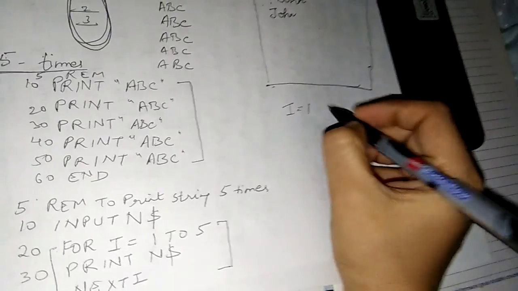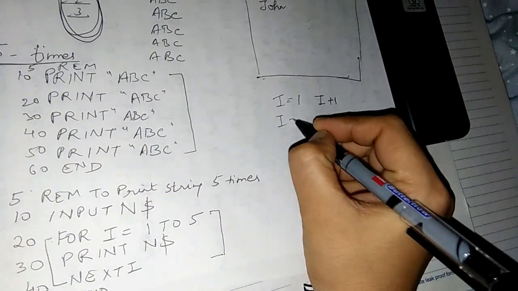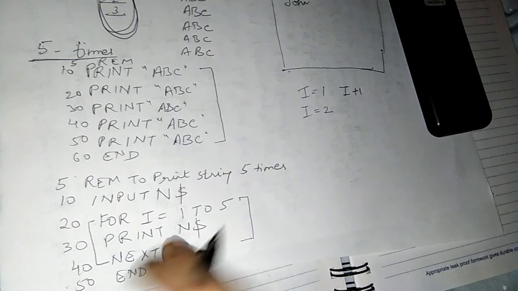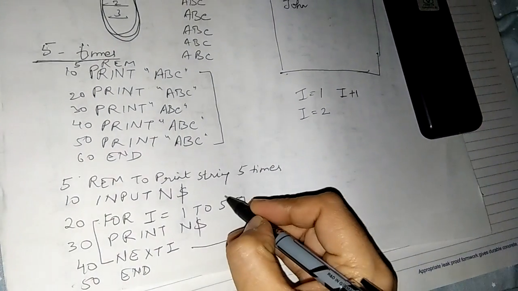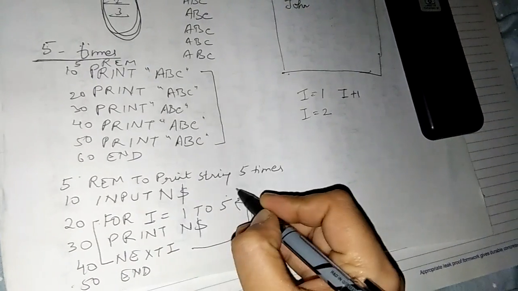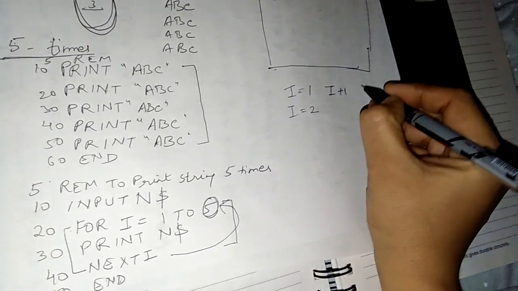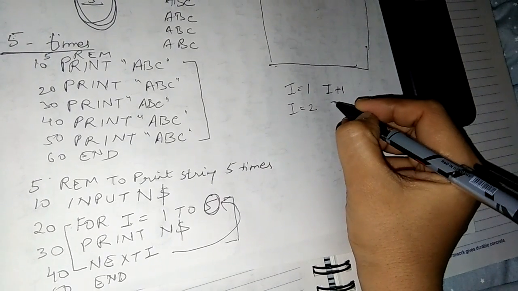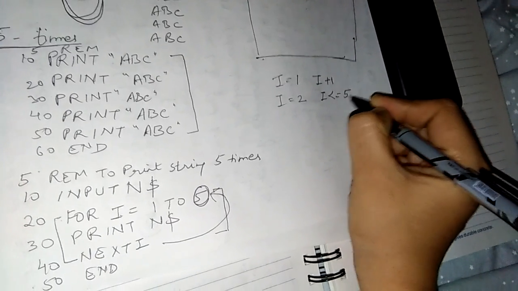Next I means increasing the value of I by 1, then I becomes 2, and it will again go back to this loop and check whether the value of I is less than or equal to 5.